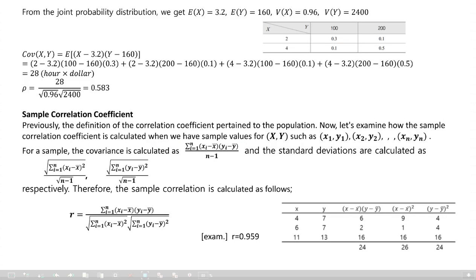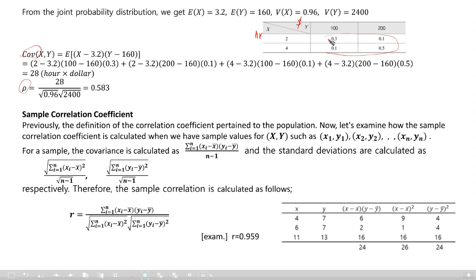Here is the example. This one, X has unit hour. This one, Y has unit dollar. So from the joint probability distribution given like this, a simple example, we can calculate first the covariance and correlation coefficient, right?